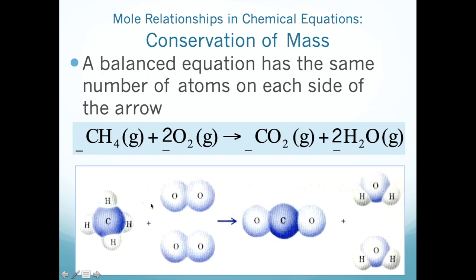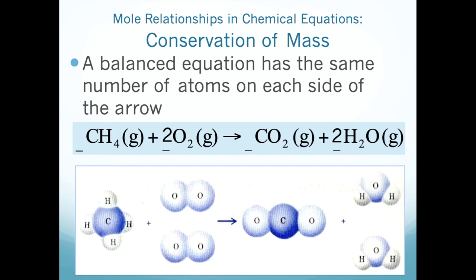Or I could scale this up in terms of moles. If I had 1 mole of methane, it would react with 2 moles of oxygen to give me 1 mole of carbon dioxide and 2 moles of water. Okay, so again, my point here is that we can scale this up accordingly.